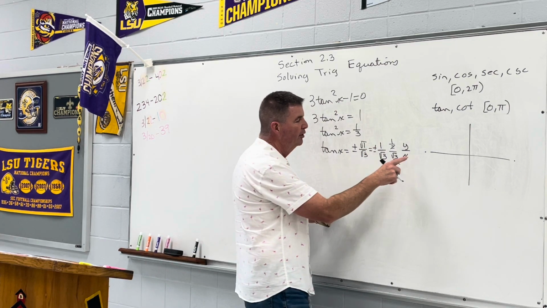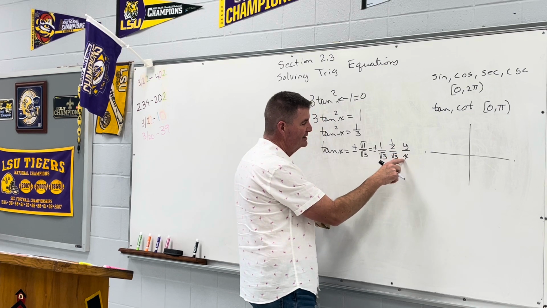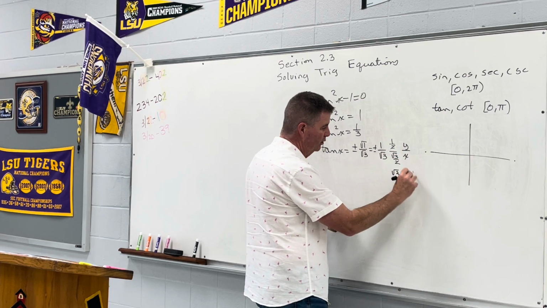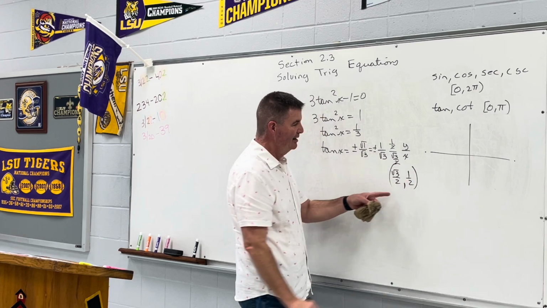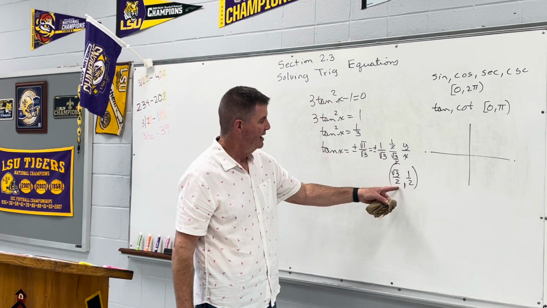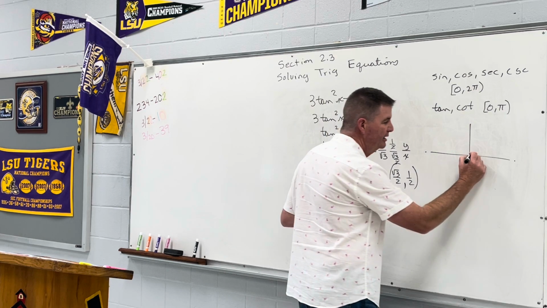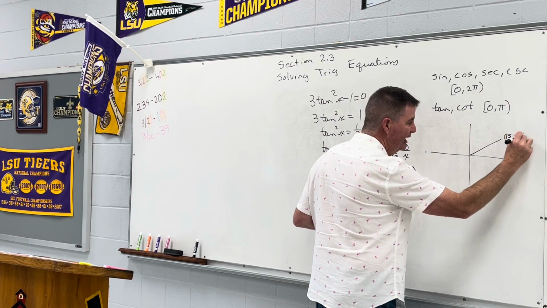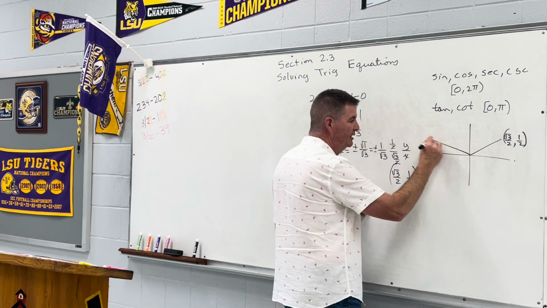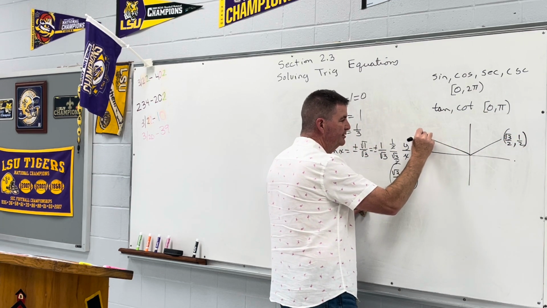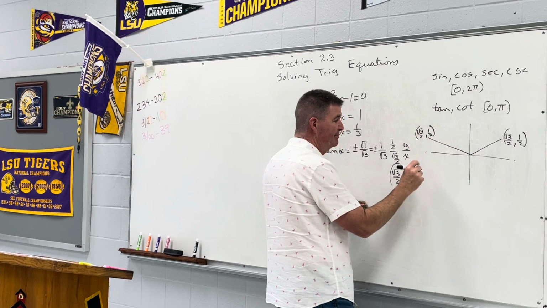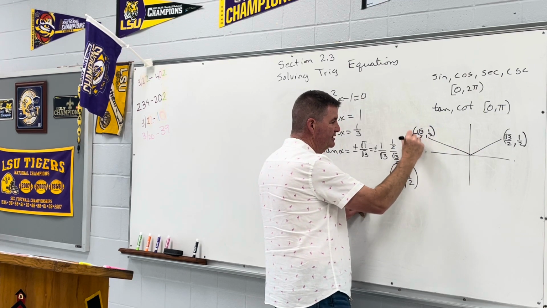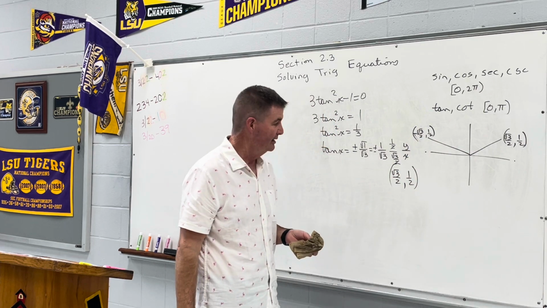So I'm looking for the ordered pair where the x is square root of 3 over 2 and the y is 1/2. That angle with that ordered pair is going to be the angle here, square root of 3 over 2, 1/2, and the angle here, square root of 3 over 2, 1/2. But this time, square root of 3 over 2 is negative, because in the second quadrant, our x is negative.